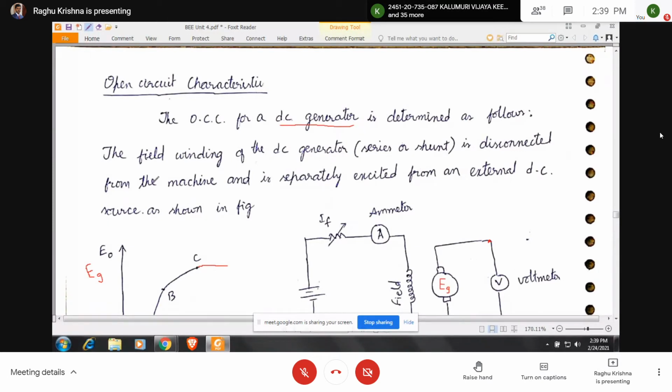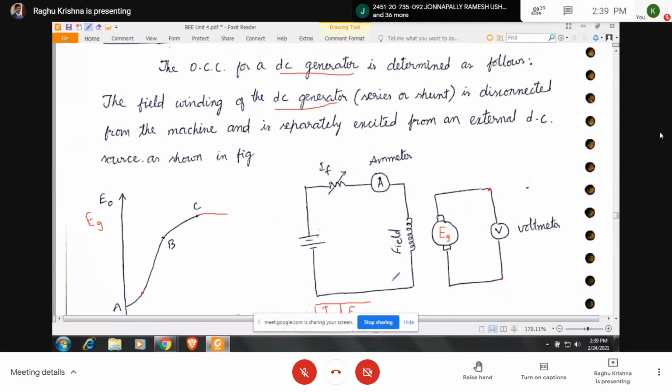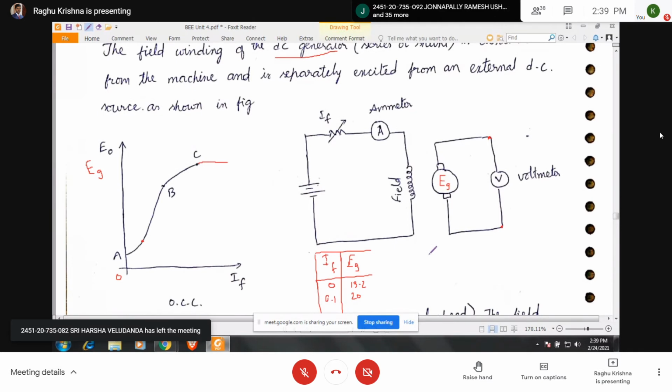The field winding of the DC generator, series or shunt, is disconnected from the machine and is separately excited from an external DC source as shown in the figure. If you want the OCC of any generator, a series, compound or shunt, we have to operate it as a separately excited generator and draw the graph between IF and the generator voltage. That gives the OCC.